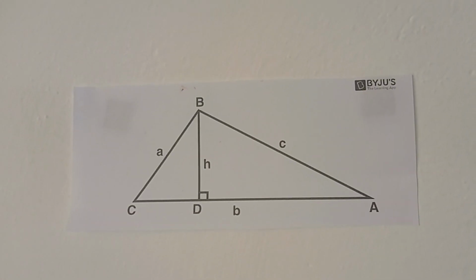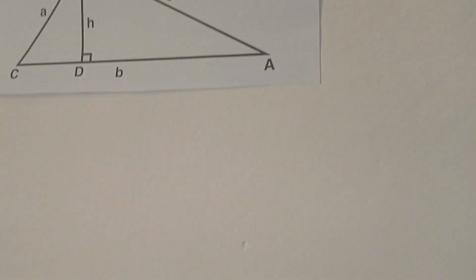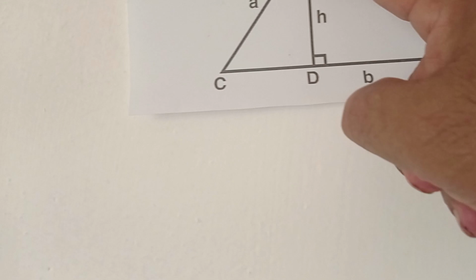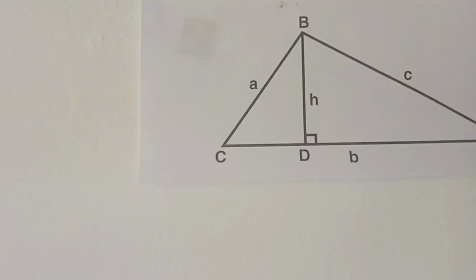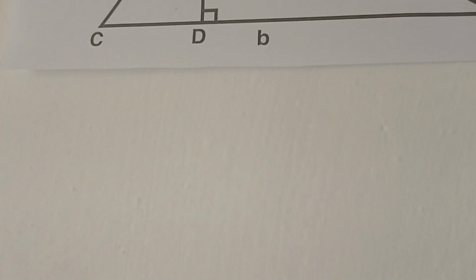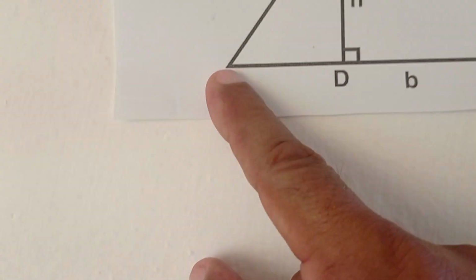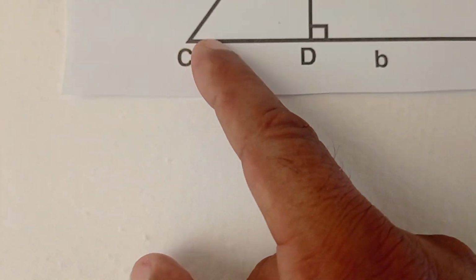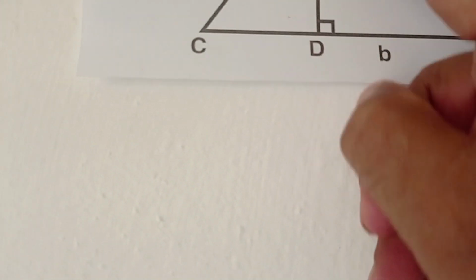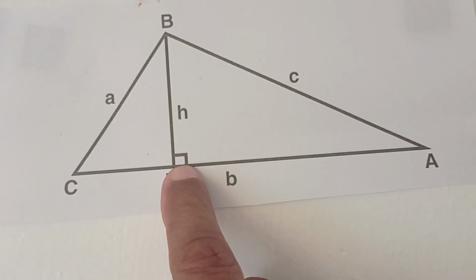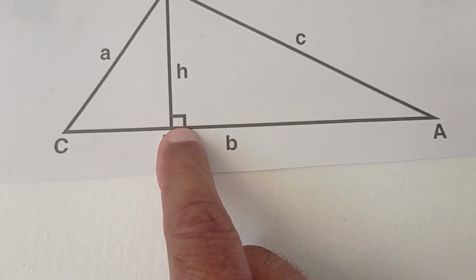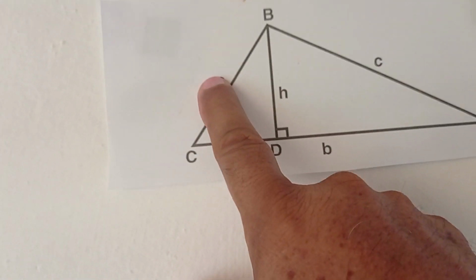Now again, in the triangle BCD, as per the trigonometric ratio, we know that sine of C equals BD divided by a.